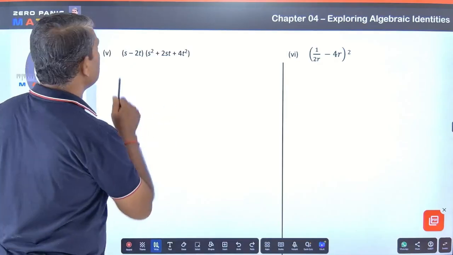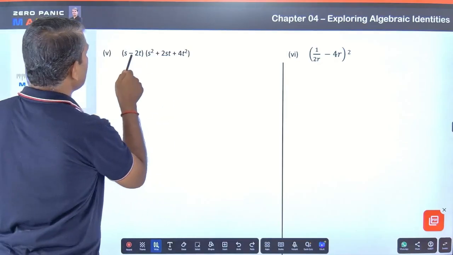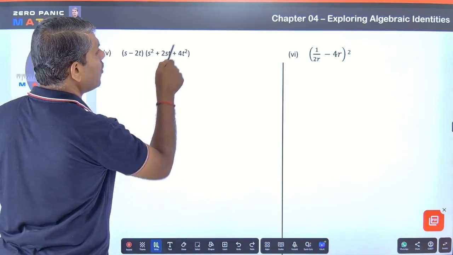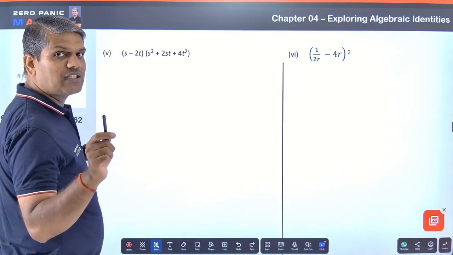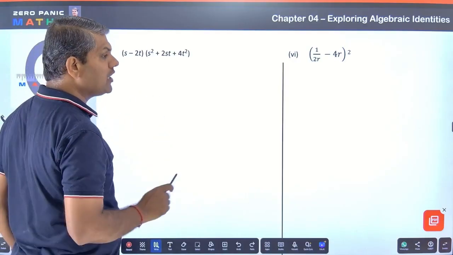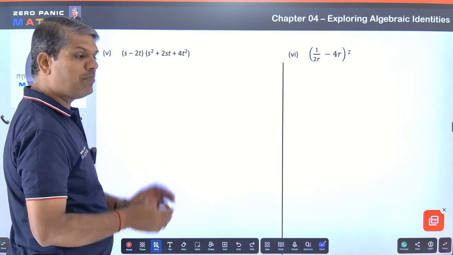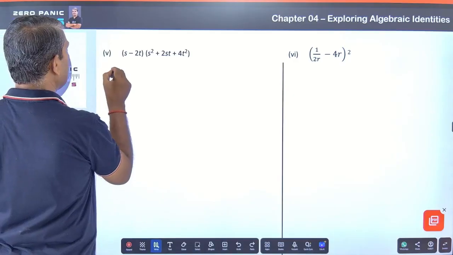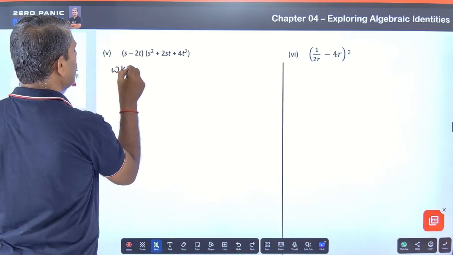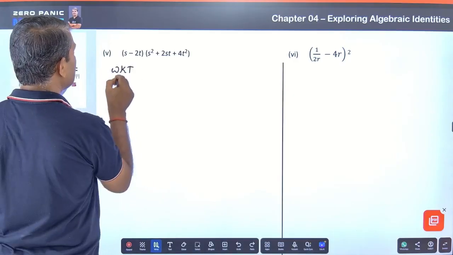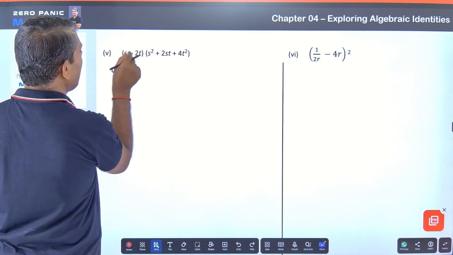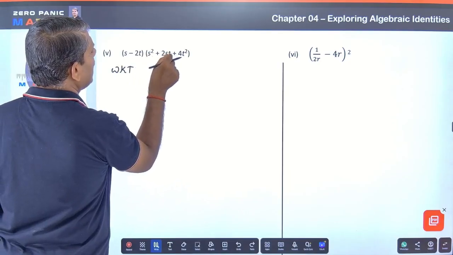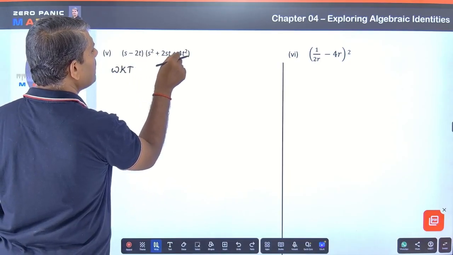Now there is a different problem here. You see here, it is s minus 2t times s square plus 2st plus 4t square. In the previous session, we derived an identity using two factors. If you remember, I will write that. It looks like x minus y times x square plus xy plus y square.